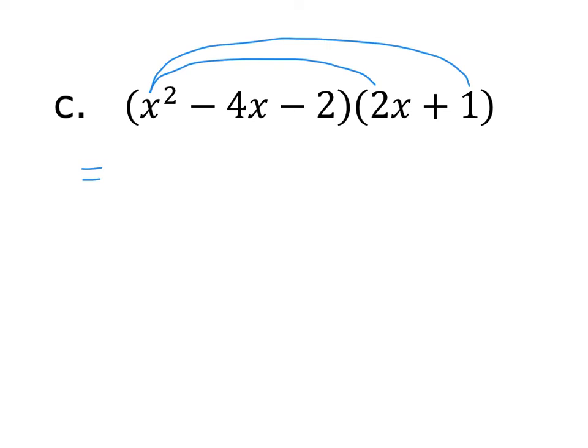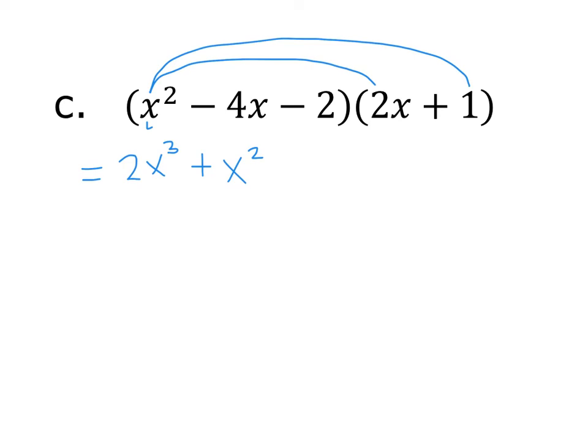So x squared times 2x, we're going to get 2, and then x squared times x, adding the exponents, 2 plus 1, we get 2x cubed. And now x squared times 1, that's just a plus x squared. Now we're done with that x squared, so we can check that off. Let's look at the next term in the trinomial, negative 4x.